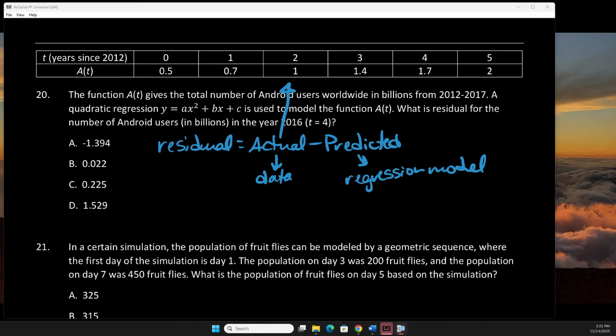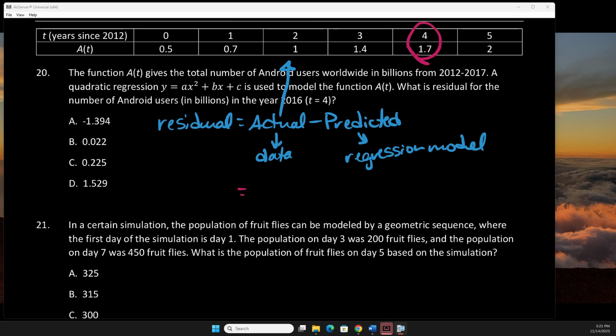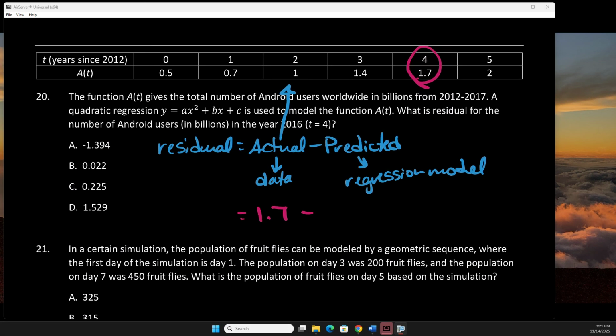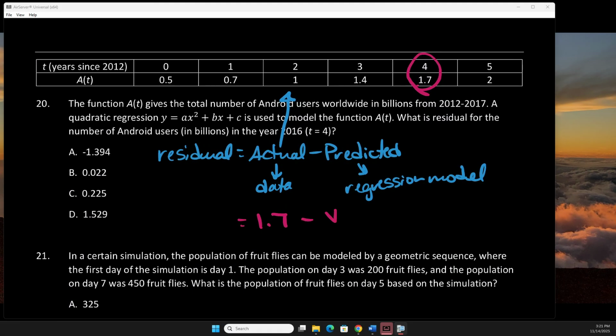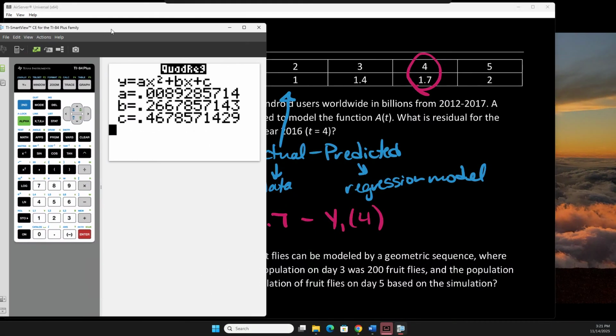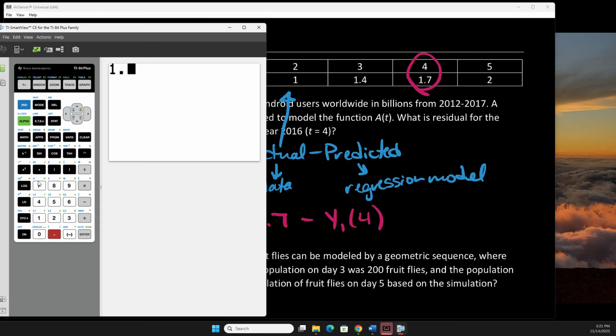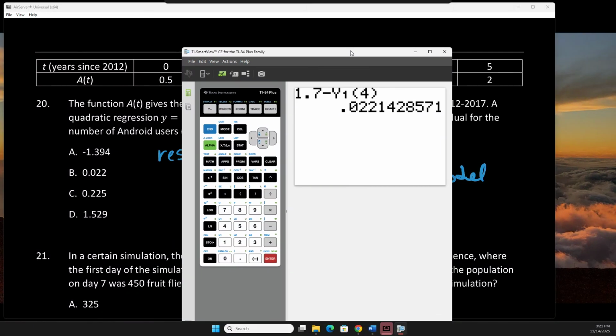All right, so we want the residual when t is 4. So the actual when t is 4 is 1.7. And then for the predicted, since I stored that in y1, I'm just going to do y1 of 4. So that's the actual from the data minus the predicted from the model when x is 4, t or whatever. So that's what it is, and that's going to be choice B.